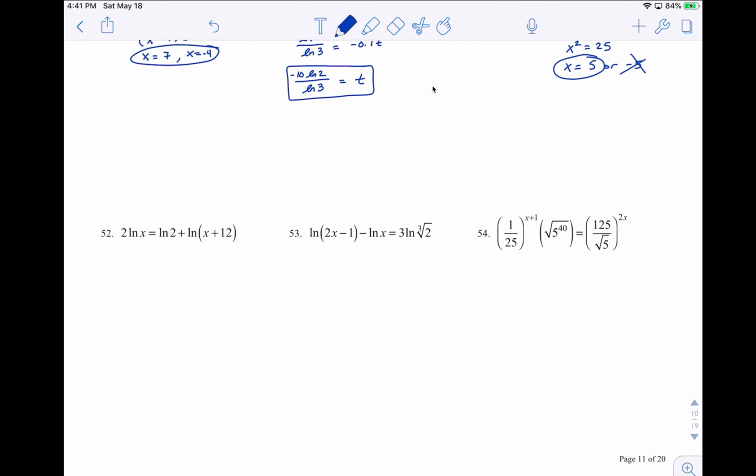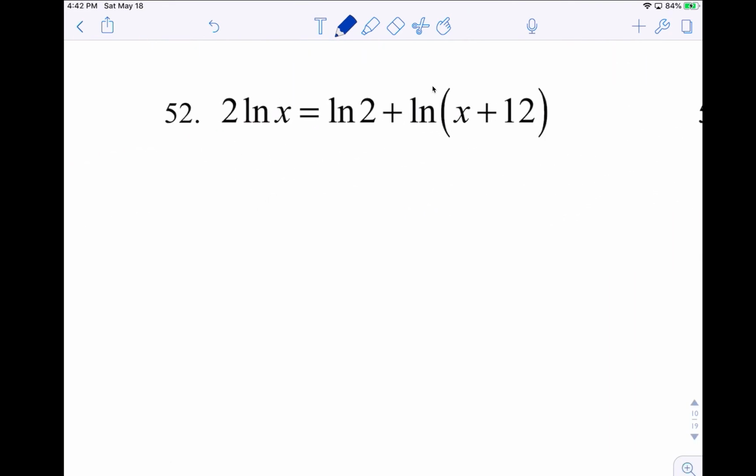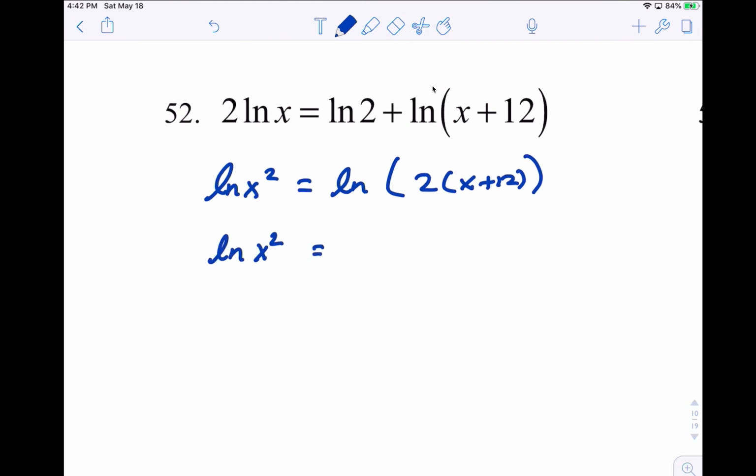Okay, so 52 gives me ln of x squared equals ln of 2 times (x plus 12). All right, so if I'm taking the natural log on both sides, that means that their arguments must be the same as well.